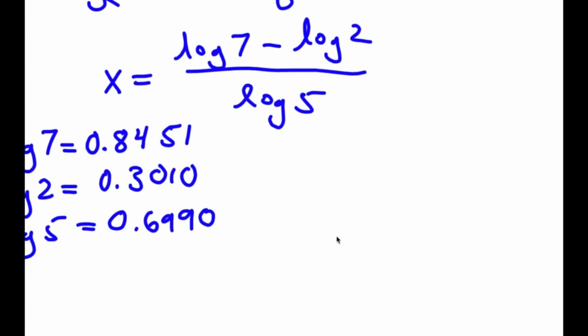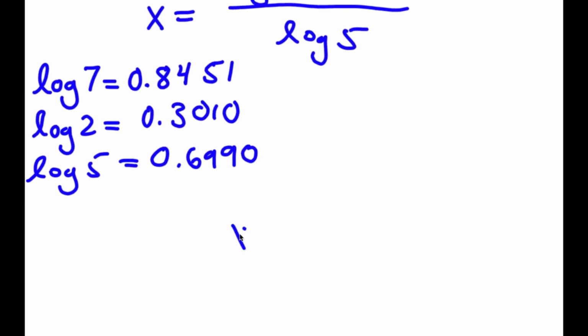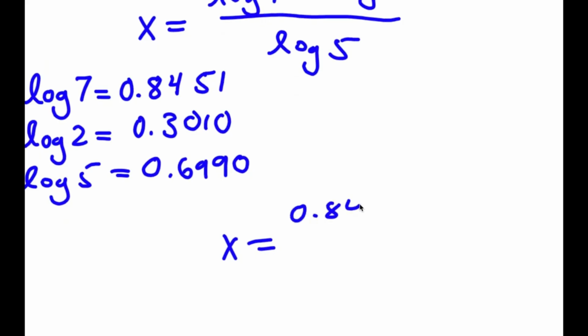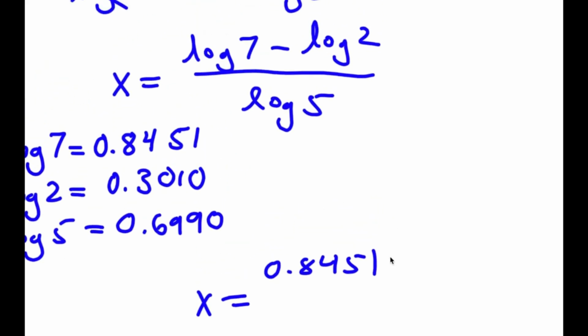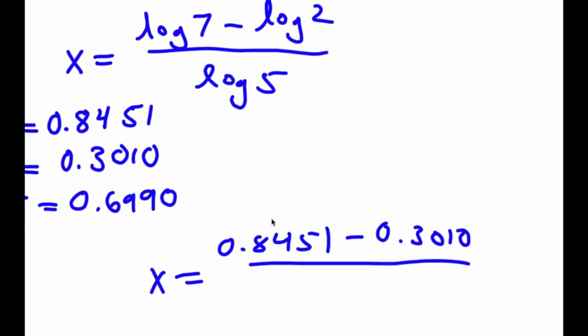All right, so now all that's left is to plug these values into our original equation. So I have x is equal to log 7, which is 0.8451, minus log 2, which is 0.3010, divided by log 5, which is 0.6990.